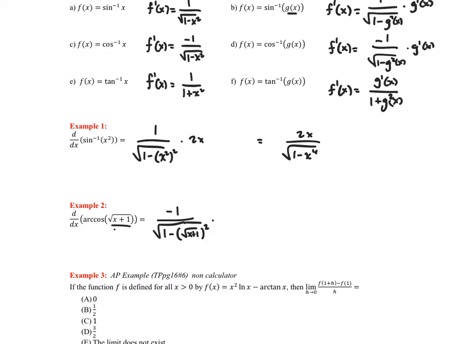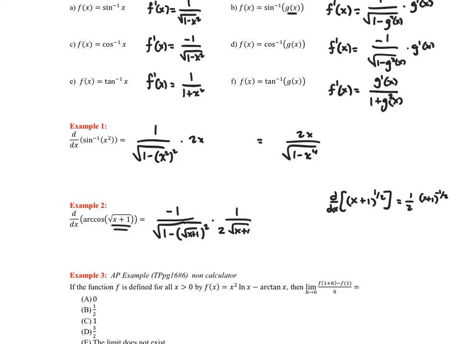So the derivative of this function, well, if x plus 1 is raised to the half, the derivative of that with respect to x would be 1 half x plus 1 to the negative 1 half. All right, so that's equivalent to 1 over 2 square root of x plus 1, and then of course I got to multiply by the derivative of x plus 1, which is 1.